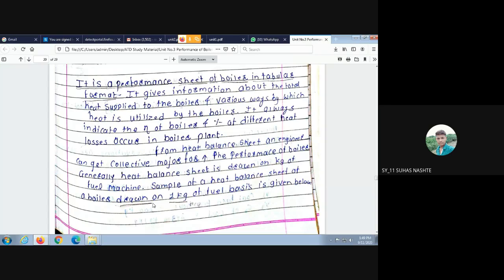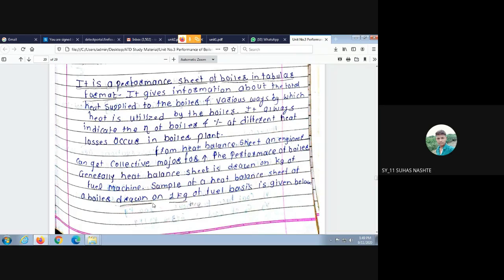It gives information about the total heat supplied to the boiler and the various ways by which heat is utilized from the boiler. It always indicates the efficiency of the boiler and the different heat losses in the boiler plant. Okay, continue.